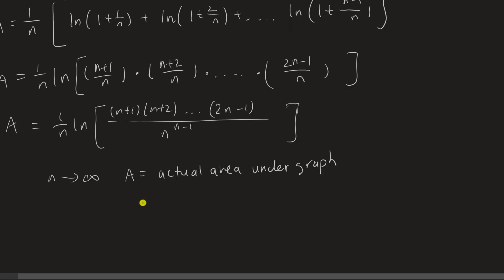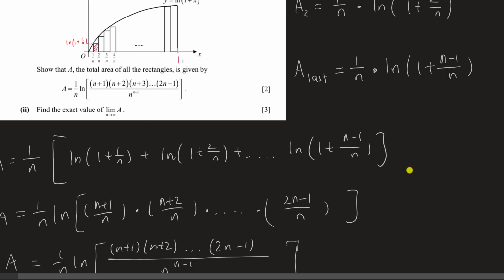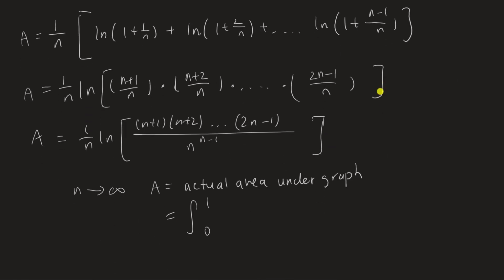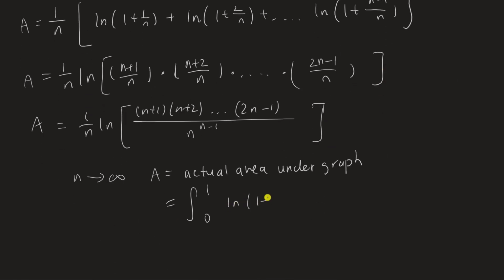So this would actually be the integral from 0 to 1 of the curve ln(1 + x) dx. So instead of letting n go to infinity for this horrible expression, we can simply solve it by integrating the curve from 0 to 1.